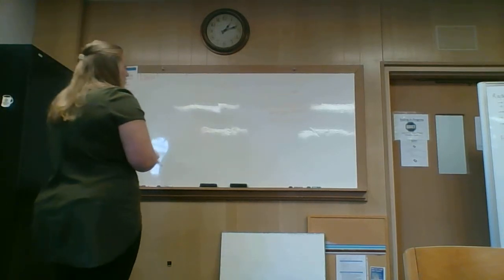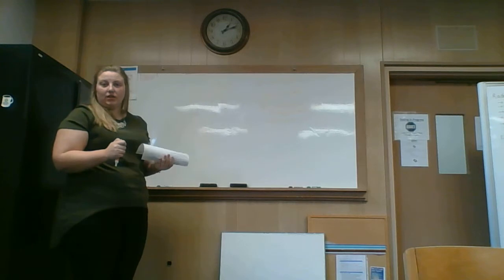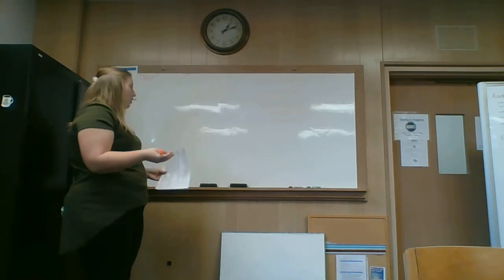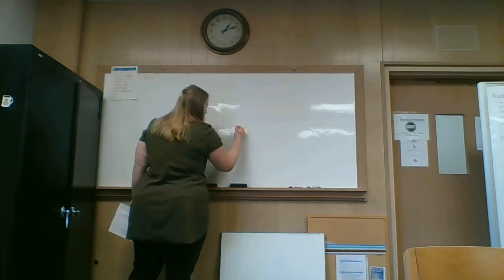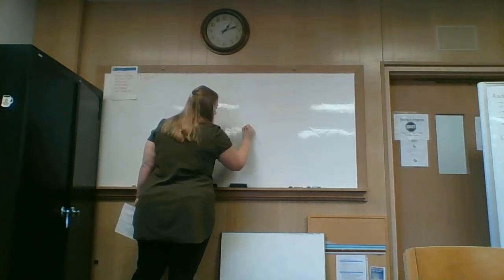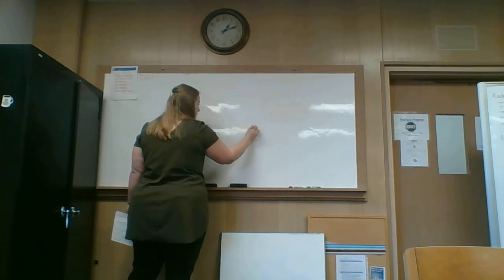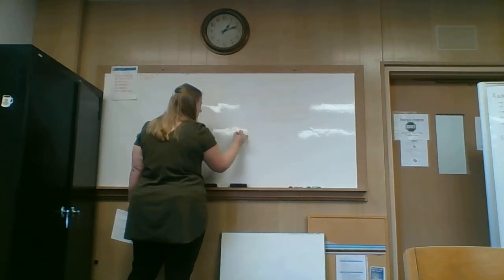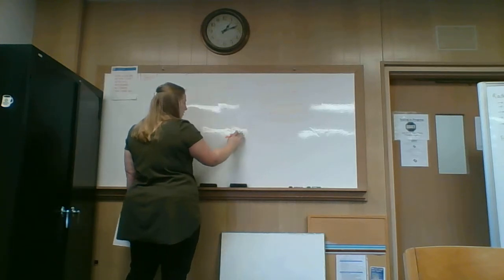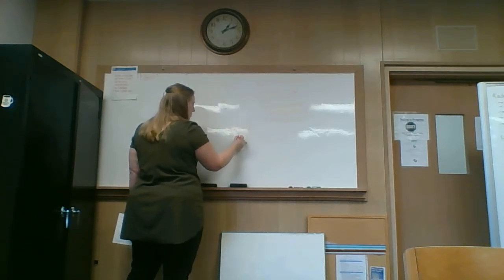The hardest part is you need to know whether there's lone pairs of electrons here. And the only way to do that is to know the Lewis dot structure for this. There is technically a lone pair of electrons, but that pair of electrons is what's used as the bond.